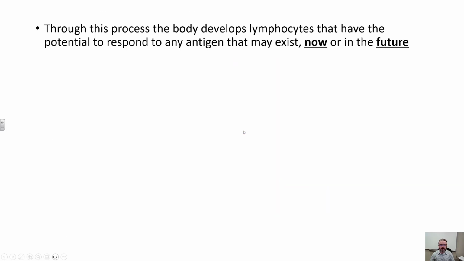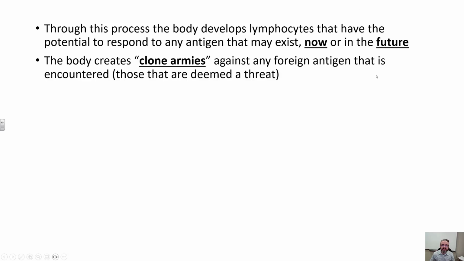So, as I mentioned, this process gives you the ability to respond to antigens that not only exist now, but could also exist in the future. And that's the adaptability part. So once you respond to a particular antigen, you create this clone army with lots and lots of duplicates that can all respond to the same thing.